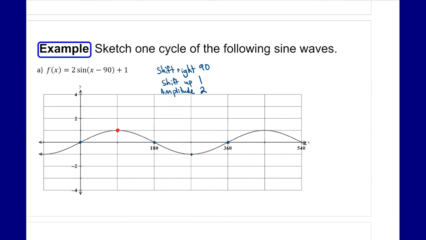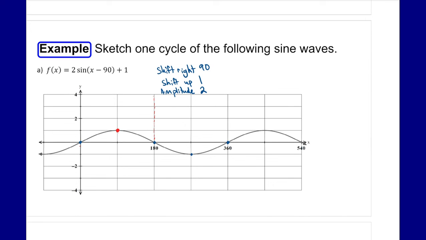Now this is where the 5 key points come into play. Because each point is at an interval of 90, I know that my maximum should be at this horizontal distance. Same way we start here, our maximum was 90 away. So it's the same idea.